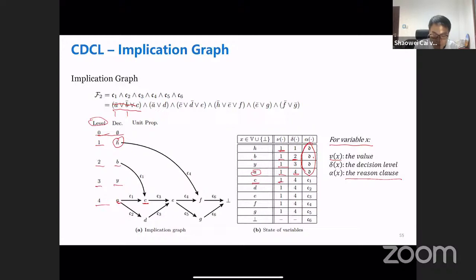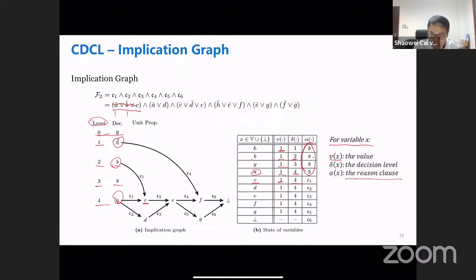Now, the important thing here is that the decision level of C is the same as A. It's the same as the largest level between A and B, the reason.